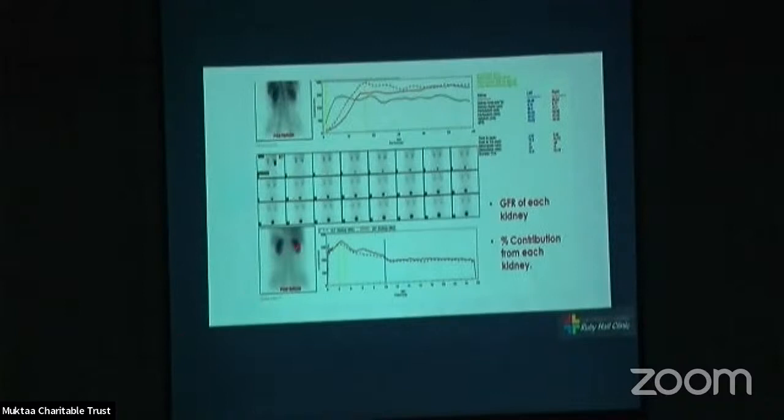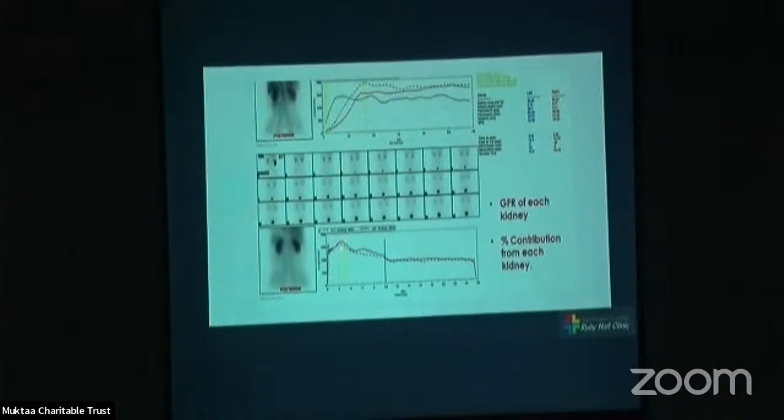You will see that what we do is we inject the radiotracer in the patient and the patient is lying under the gamma camera for half an hour. Every 1 minute the camera will take pictures and it will plot the graph. The tracer went to the kidneys, peaked, then washed out from the kidney. This is how a typical normal kidney works.